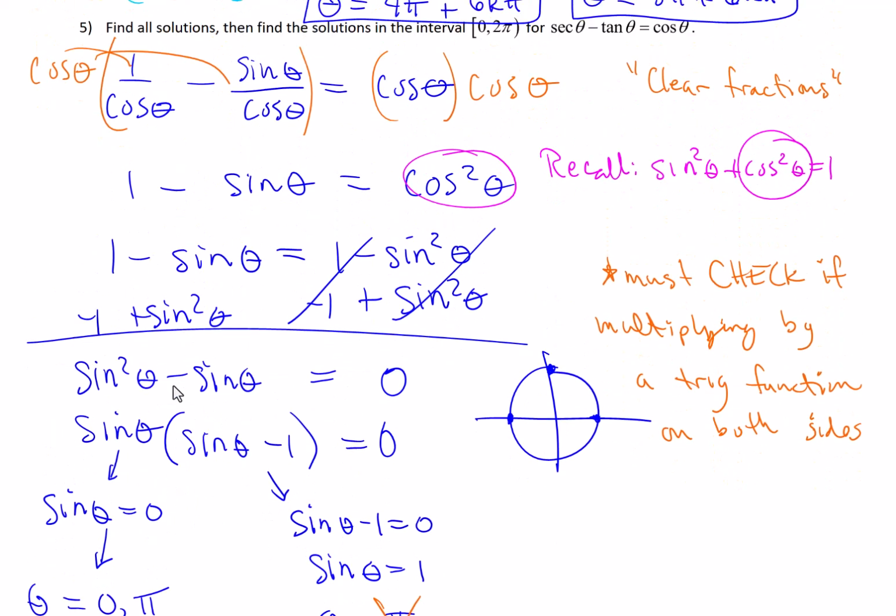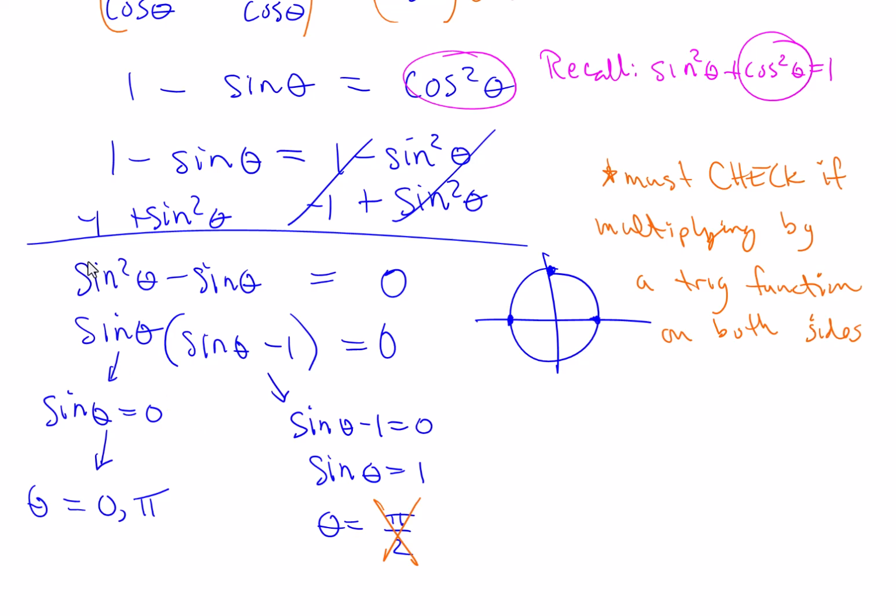So that's a problem. In fact, let me color coordinate this a little bit better here. This answer of pi over 2, if checked by plugging it all the way back in, would cause division by 0.